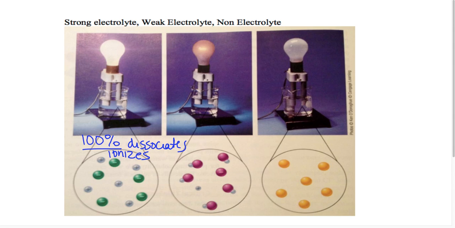So here, if you see in the picture, everything's an ion, right? So what substances are in that class of things? What are some things that dissociate or ionize 100%? Okay, salt, more specifically, soluble salts.